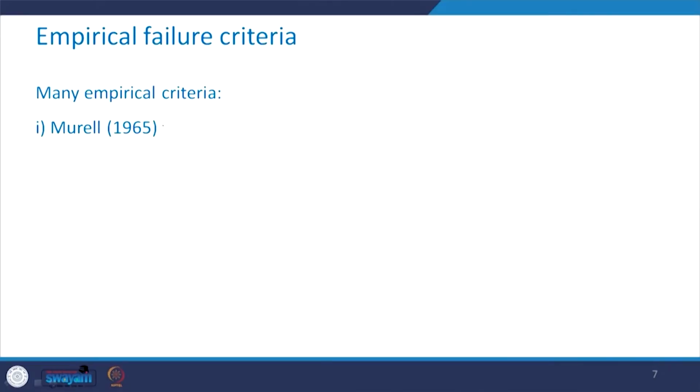So, the first one in this series which I am going to discuss with you is the criterion which was given by Murrell in 1965, and he suggested that sigma 1 is equal to sigma c plus b sigma 3 to the power a.